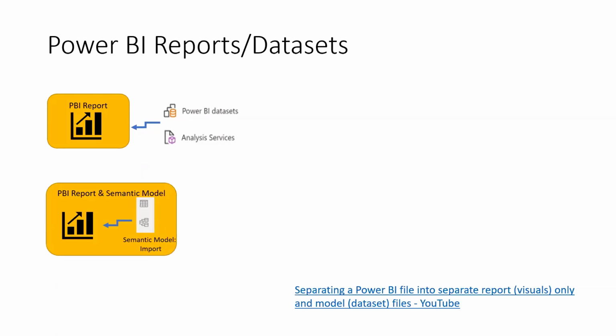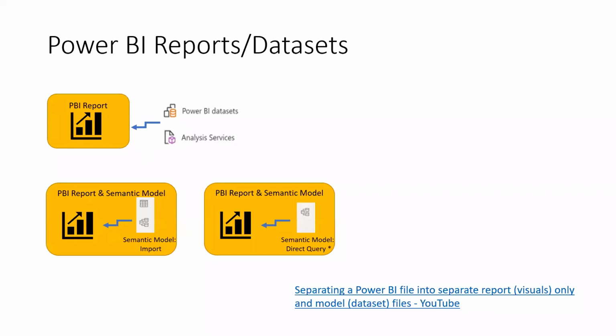The other kind, which most people are used to, is where a Power BI report contains the visuals and a semantic model. Now, the semantic model can be an import where you have moved all the data from the source into memory, or it can be one that tells Power BI how to connect and join the tables, but it forms a query to the backend.